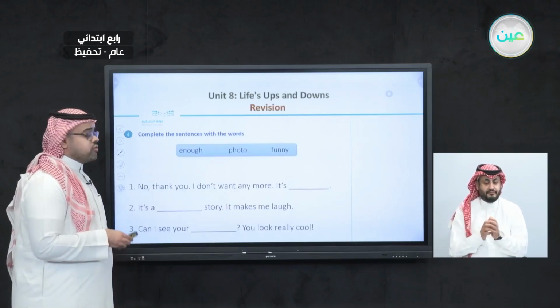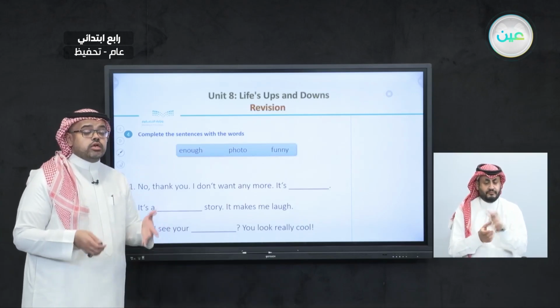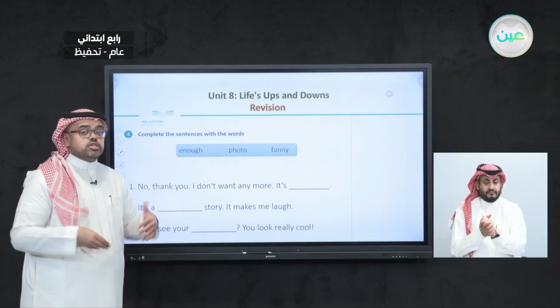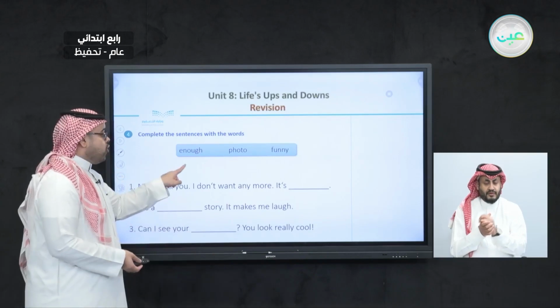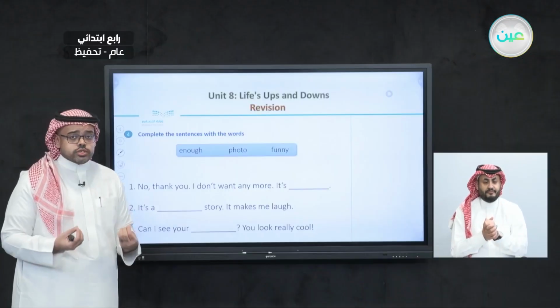As for the fourth exercise we had last time, we practiced this exercise just to know the meaning of these three words. How can we know the meaning of a word? We can if we read the sentence of each word. For example, last time we asked a simple question.